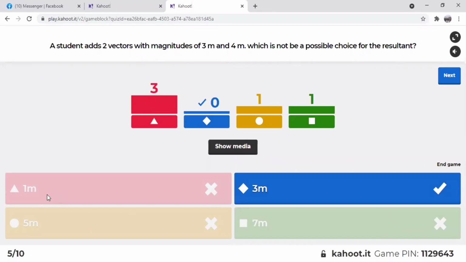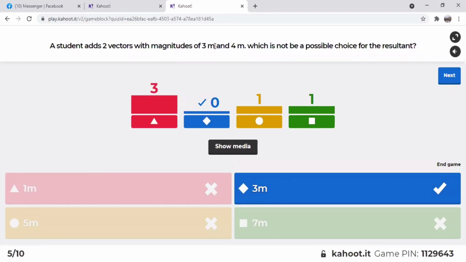Don't forget to understand the question. Because 4 minus 3 is 1, so 1 can be the resultant. And 7 can be, because 3 plus 4 is 7. You can add, subtract, or use the Pythagorean theorem.